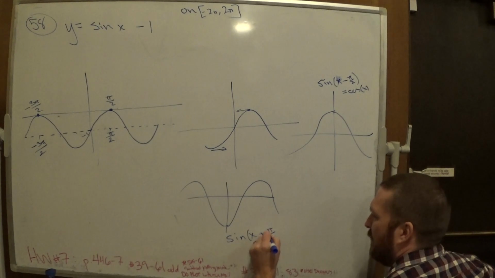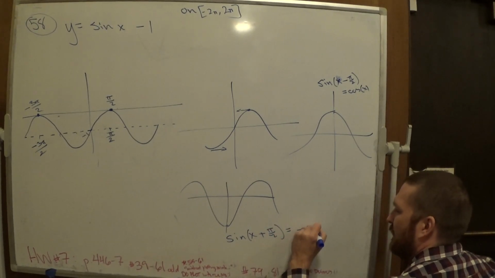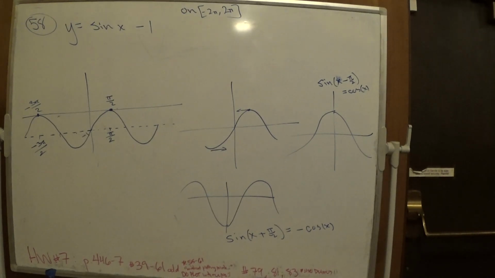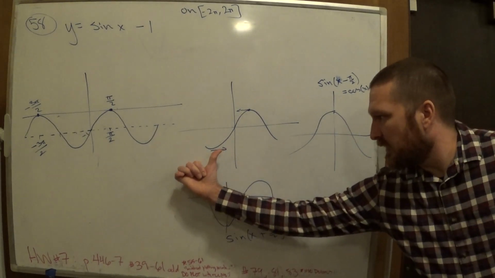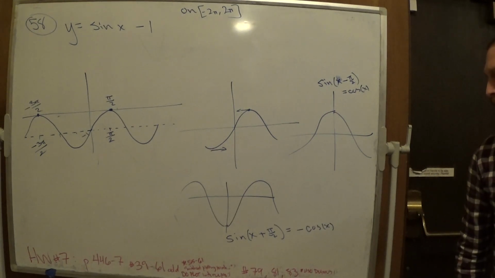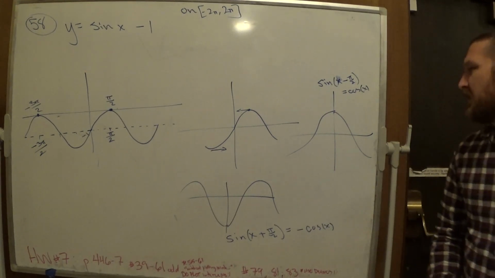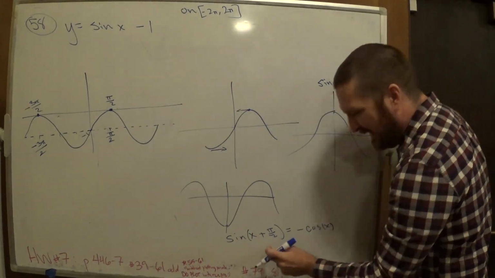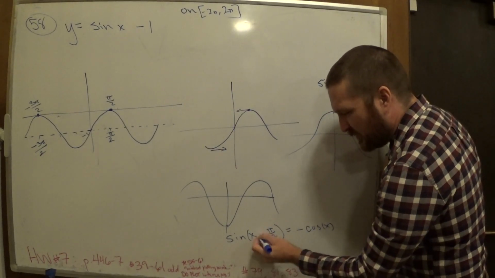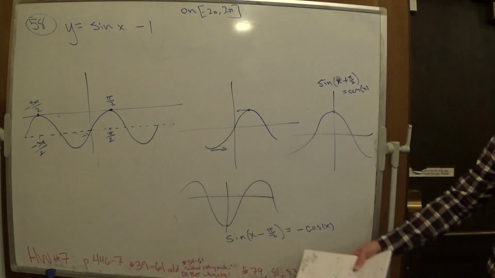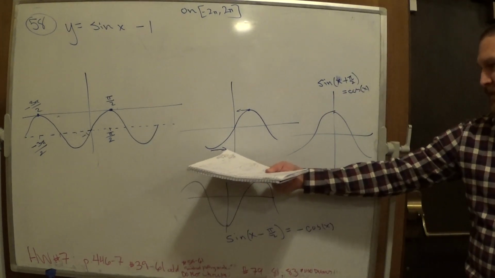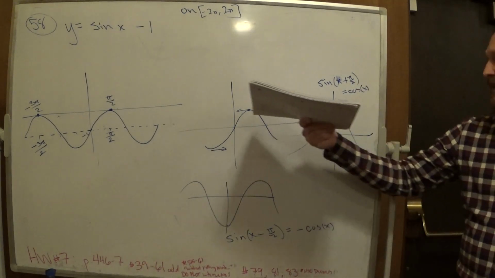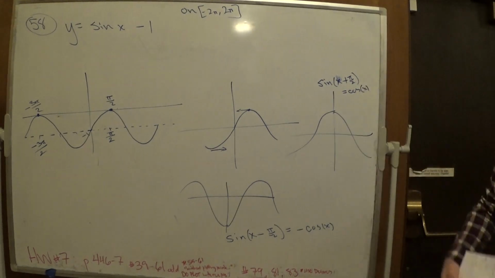So if you add pi over 2, you end up with a negative cosine. Wait, that's weird. You're right, I was wrong. Adding shifts left. Good catch. Subtracting shifts right. So subtracting pushes it to the right, and you get negative cosine. Adding shifts it to the left, and you get positive cosine.